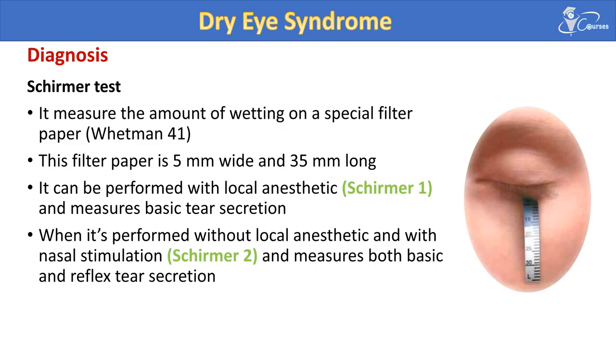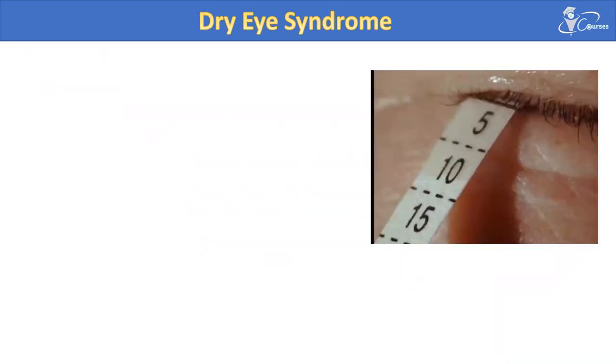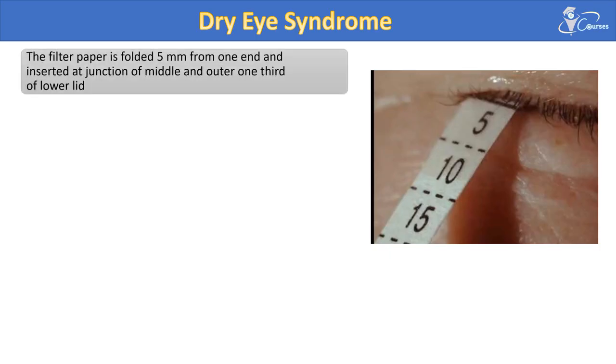So how do we do the Schirmer test? We place the Schirmer paper, or the Whatman paper, in the conjunctival sac. The filter paper is folded at 5 millimeters, so 5 millimeters are embedded within the conjunctival sac.